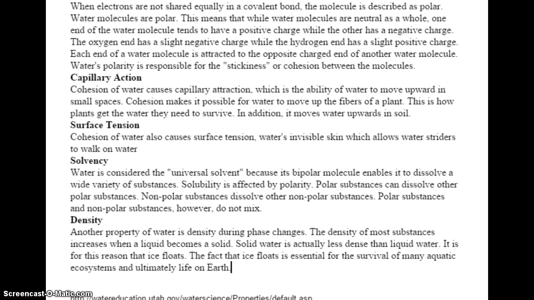Polar substances can dissolve other polar substances, so since water is polar, it can dissolve other polar substances. But nonpolar substances dissolve other nonpolar substances, and polar substances and nonpolar substances don't mix, which is why water and oil don't mix, since water is polar but oil is not.